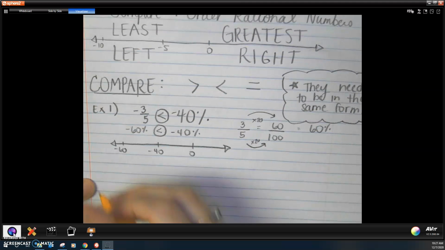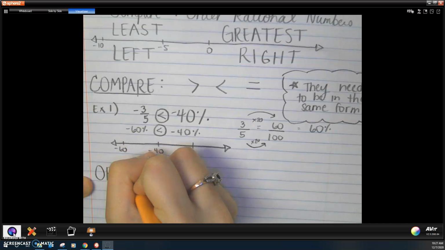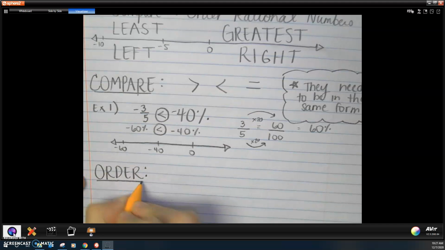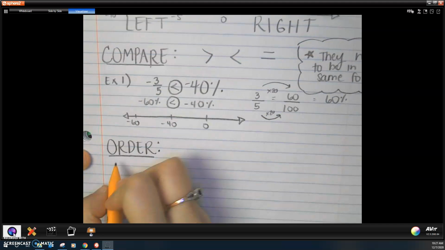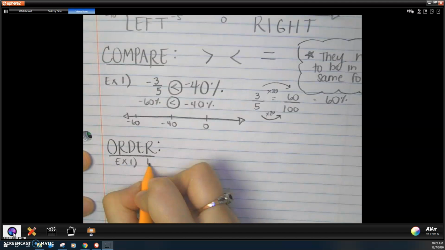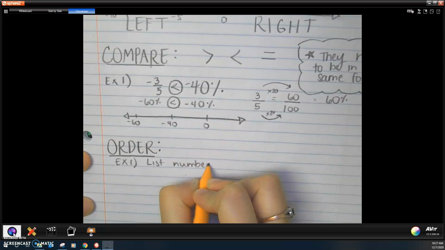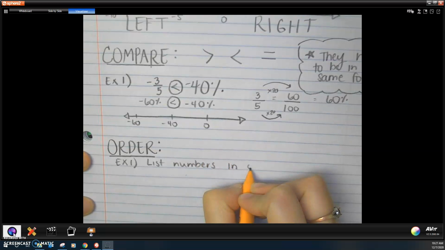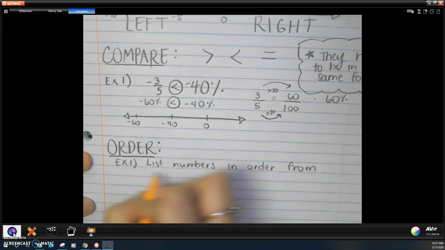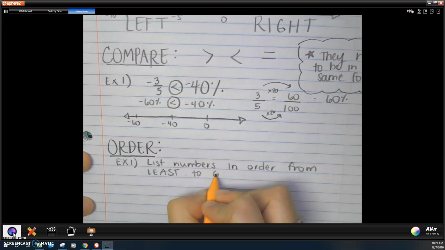So now let's do an example on how to order numbers. So our example will look something like: list numbers in order from least to greatest.